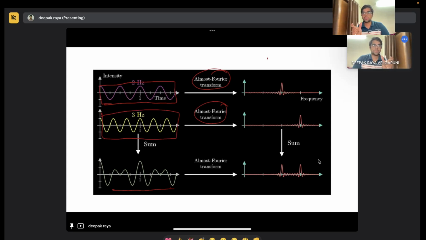So it's a snippet of the signal, which is nothing but the whole sinusoid multiplied by a rectangle. When you do that, instead of an impulse in the Fourier transform, you get a sinc function like this at 2 hertz, and one at 3 hertz, and when you sum up, you get the 2 hertz and 3 hertz signal.